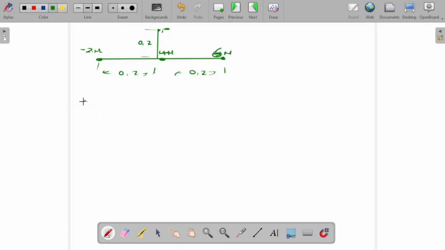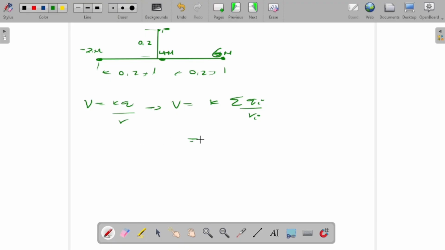So the potential is KQ over R. But if it's many charges, we can write it as the sum of those charges divided by the respective distances.